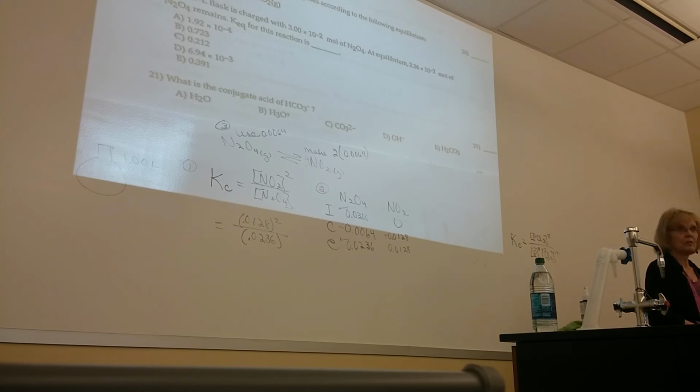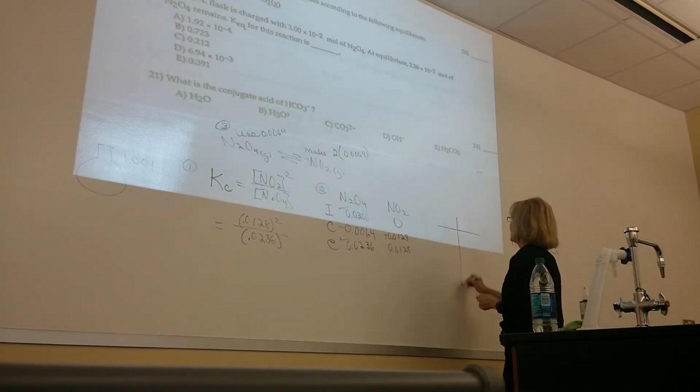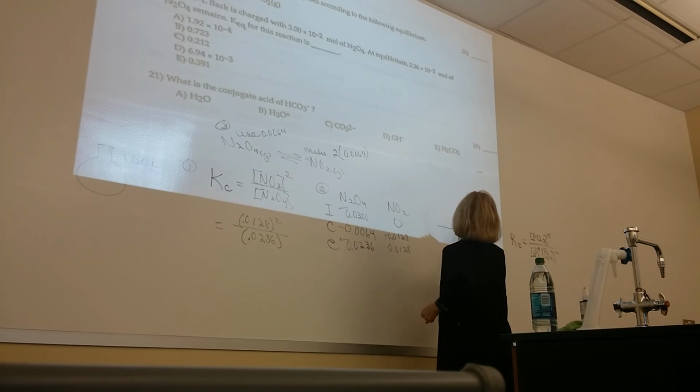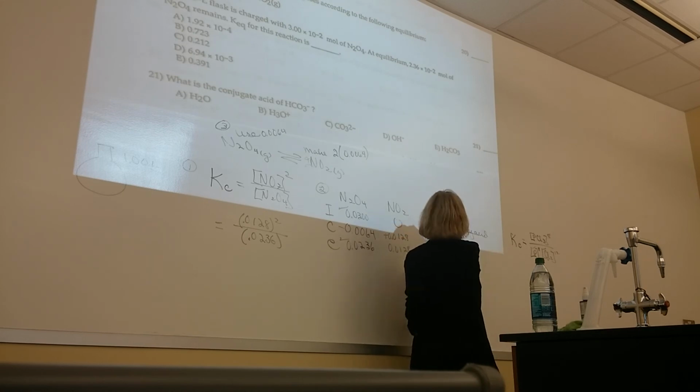We good? Okay, that means this is a base. E. If it's asking for the conjugate acid, then this must be the base.